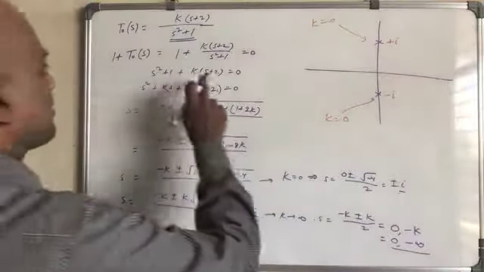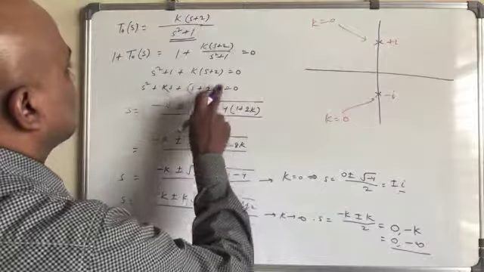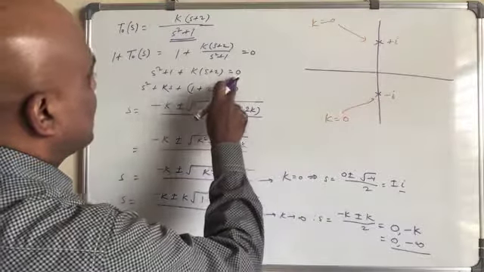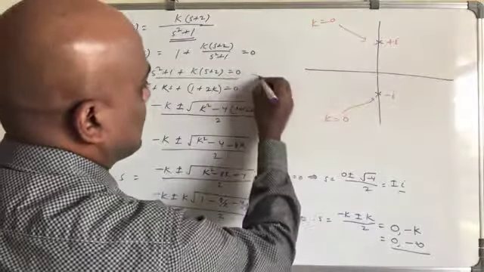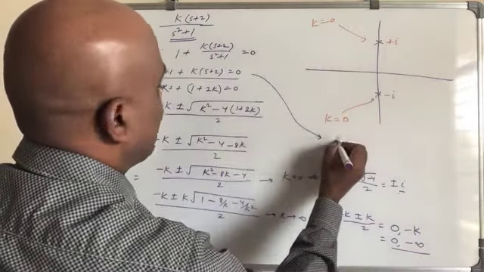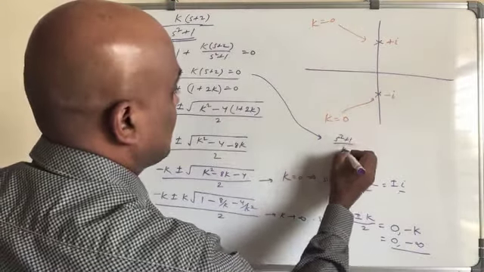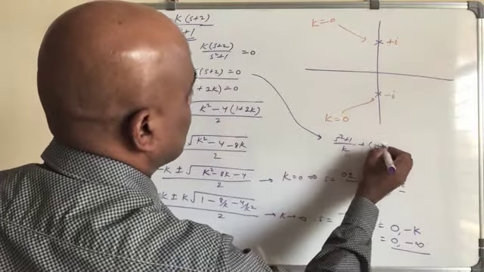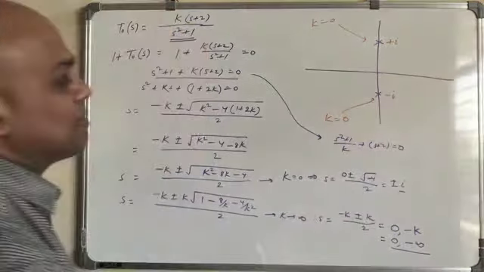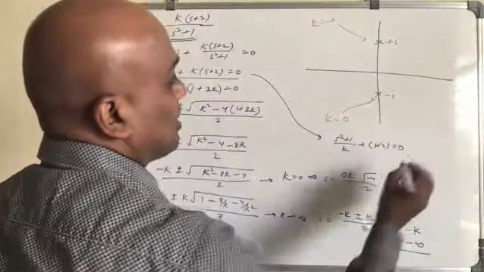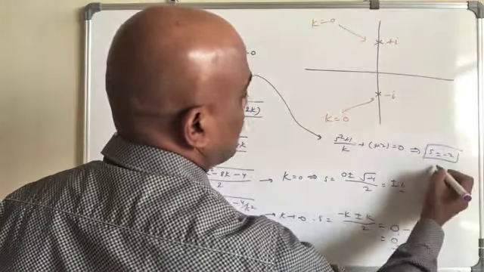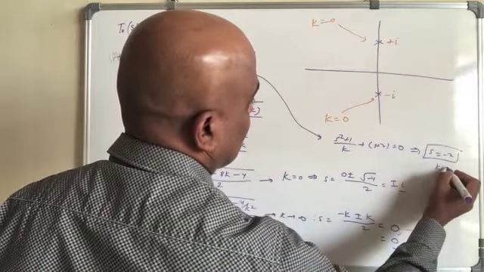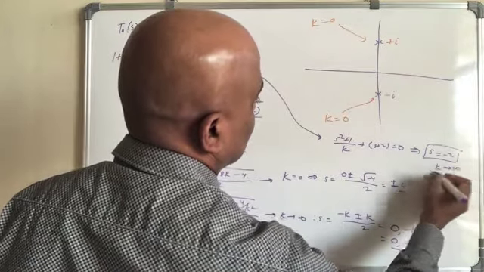Look at this one. For example, if you put this characteristic equation here, we can also write it as s square plus 1 divided by k plus s plus 2 equal to 0. Given k is greater than 1, from there we get s equal to minus 2, which corresponds to k tends to infinity.